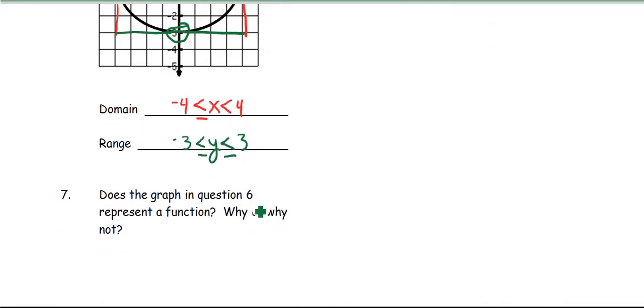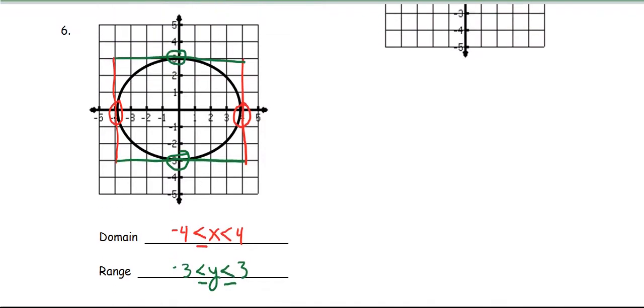It says, does the graph in question 6 represent a function, yes or no? Well, let me use a different color. I'm going to use blue. Now, if I drew a blue line from the top to the bottom of my graph, I would look.